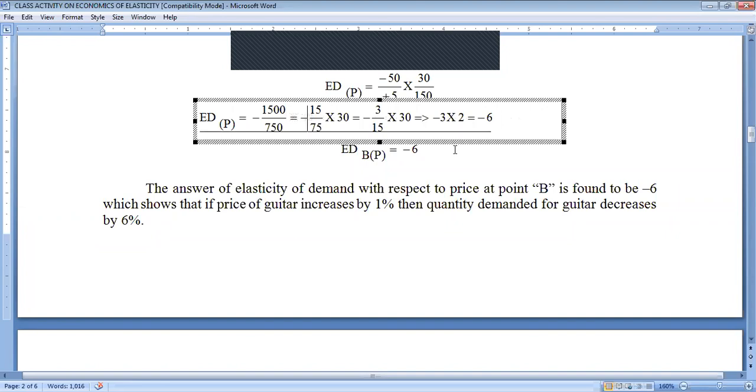So by solving this particular question, 150 divided by 75, the answer should be 2, minus 2, right?